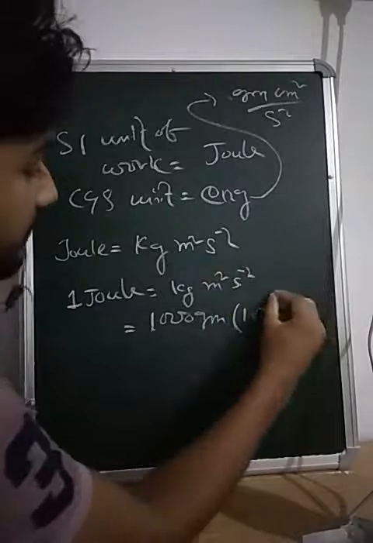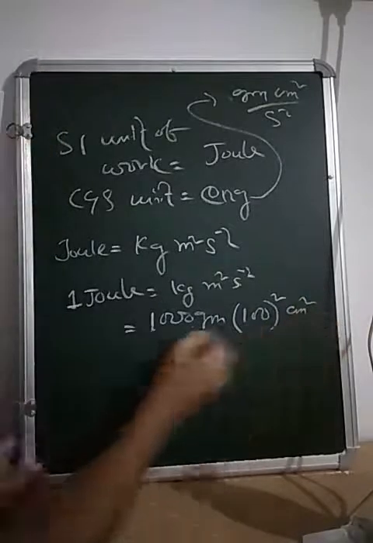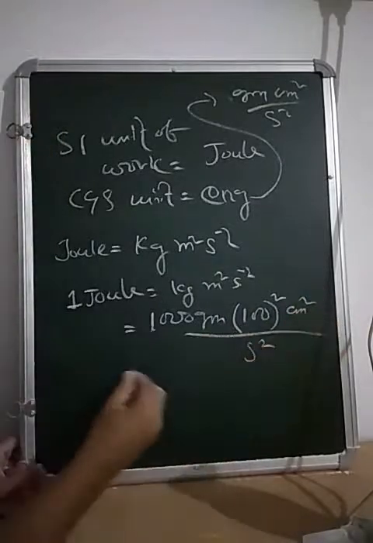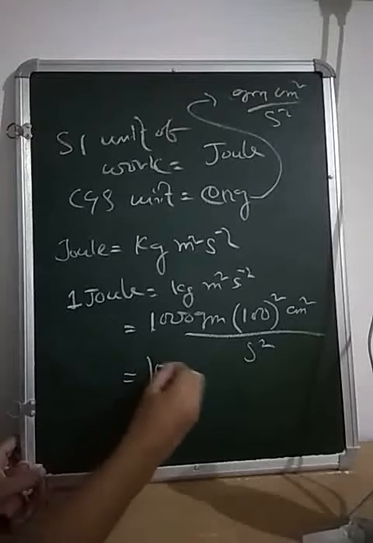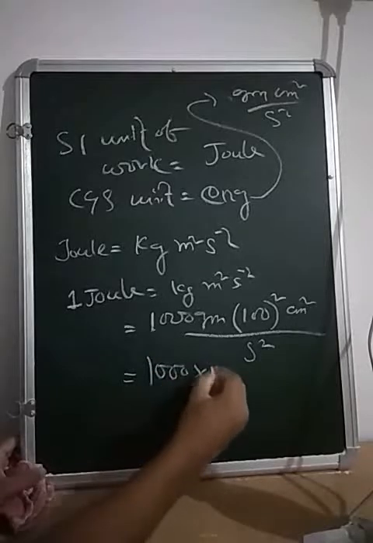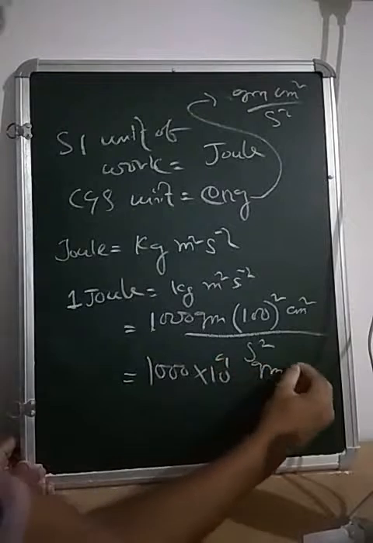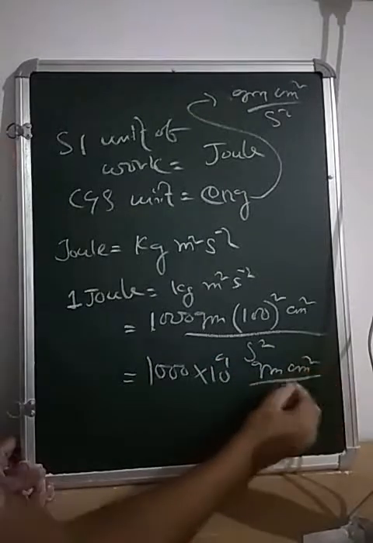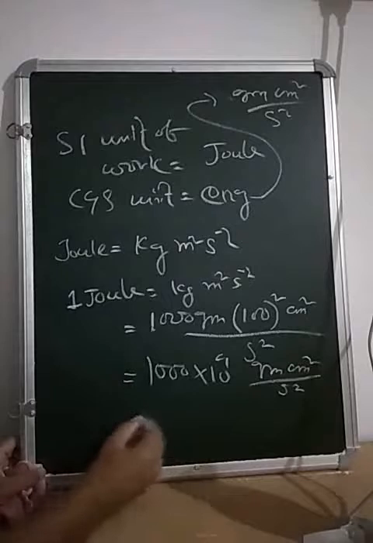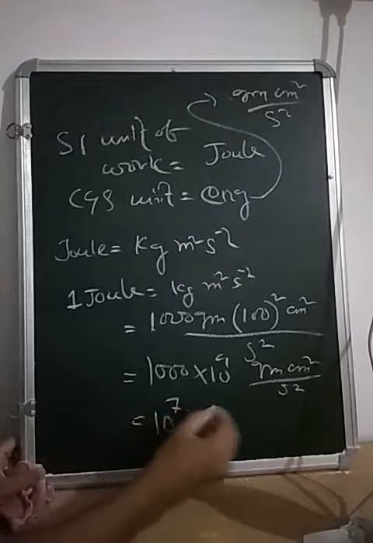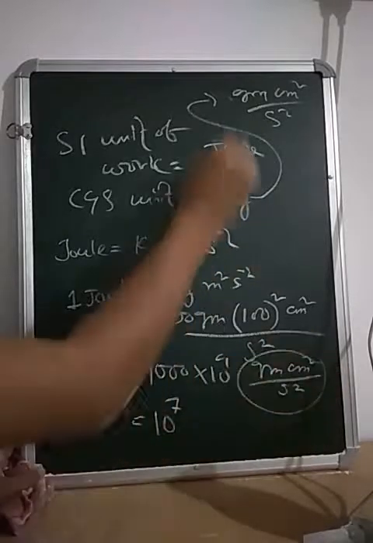So it will be 1000 into 100 square into gram centimeter square per second square, which is 1000 into 10 to the power 4, so it will be 10 to the power 7. This is nothing but erg.